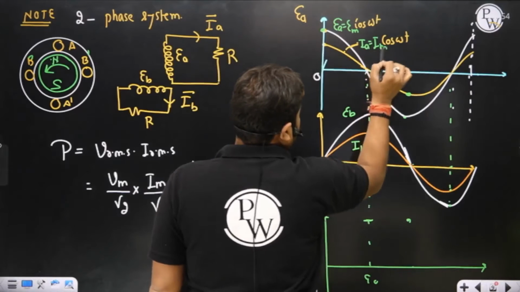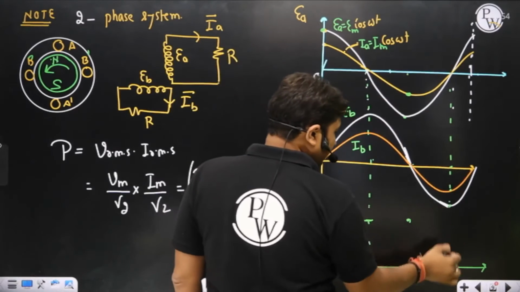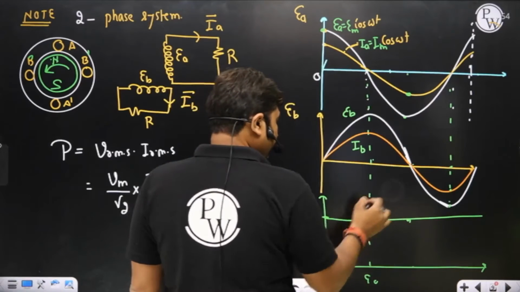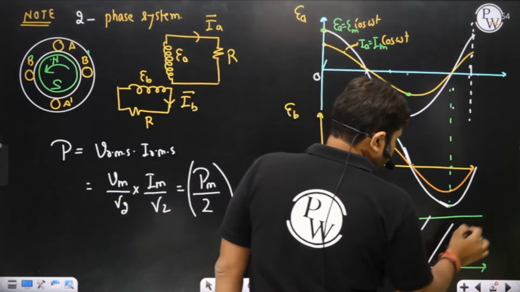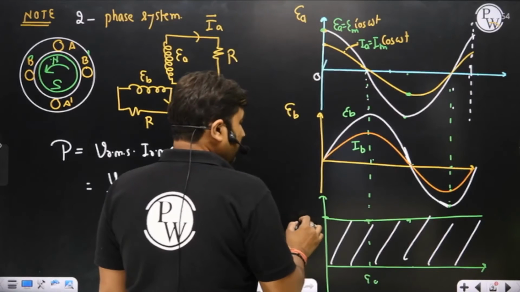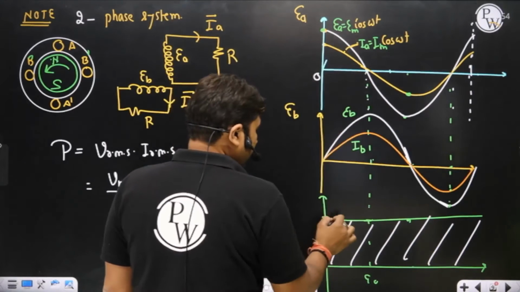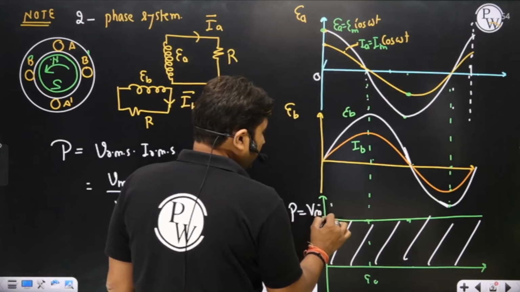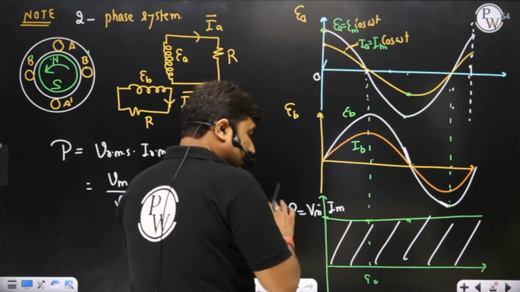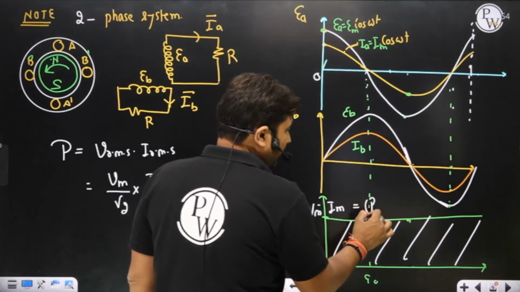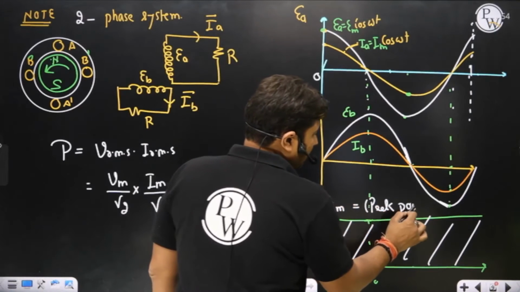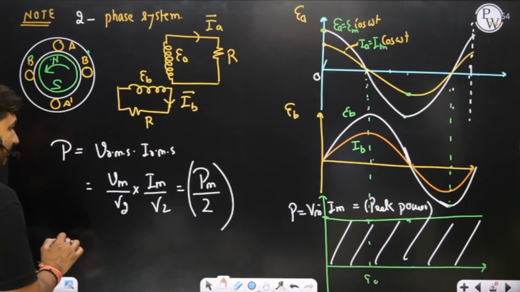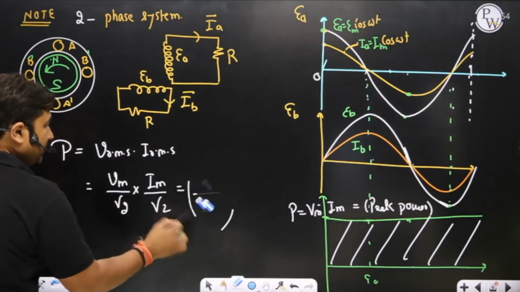So it can be clearly observed, sir, that what will be the power? Sir, power will become Vm into Im. That is peak power. Yes, sir. And if you observe the peak power and effective power, so what is the effective power in a two-phase system?